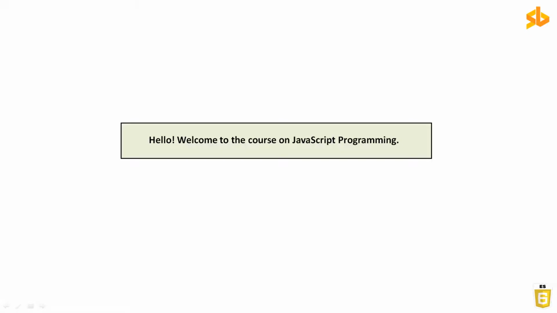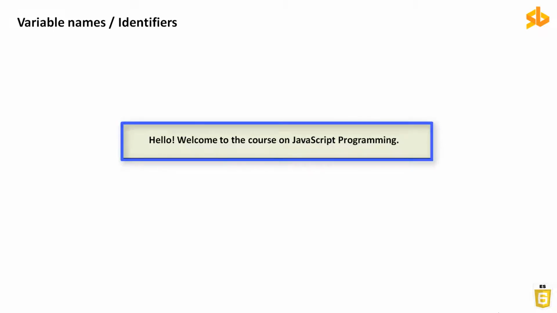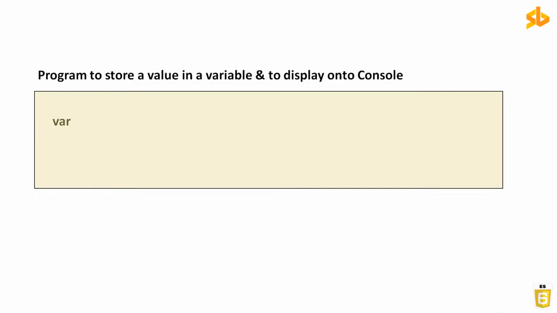We can also store values in memory and give them easy to remember names. These are called identifiers or variable names. Say we have a long welcome aboard message like this. We can store it in memory and give it a name as greet. For that, we can use a keyword var provided by JavaScript.